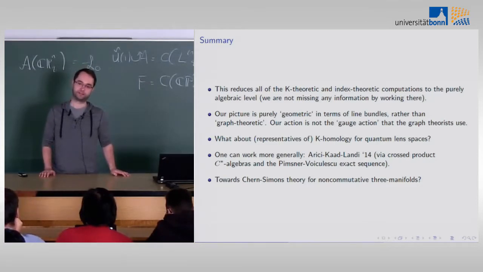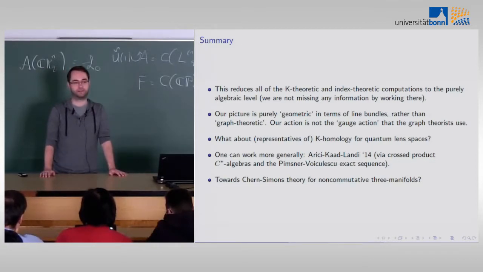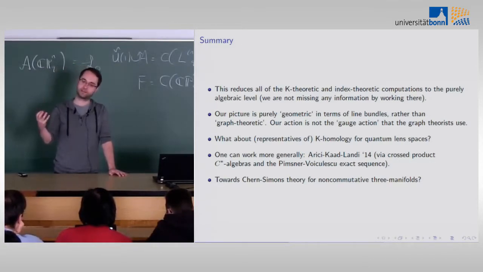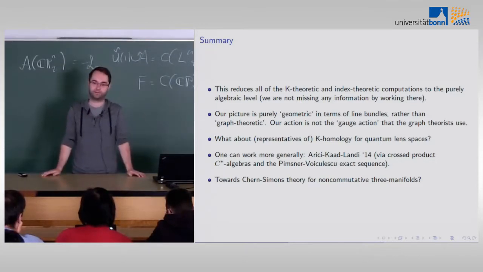From my point of view, it is illuminating to see the geometry in the C-star algebras, even though you don't have these spaces that you start with in the classical situation. You can still see a kind of homotopy argument. That's what I like about it. But yes, you're right.